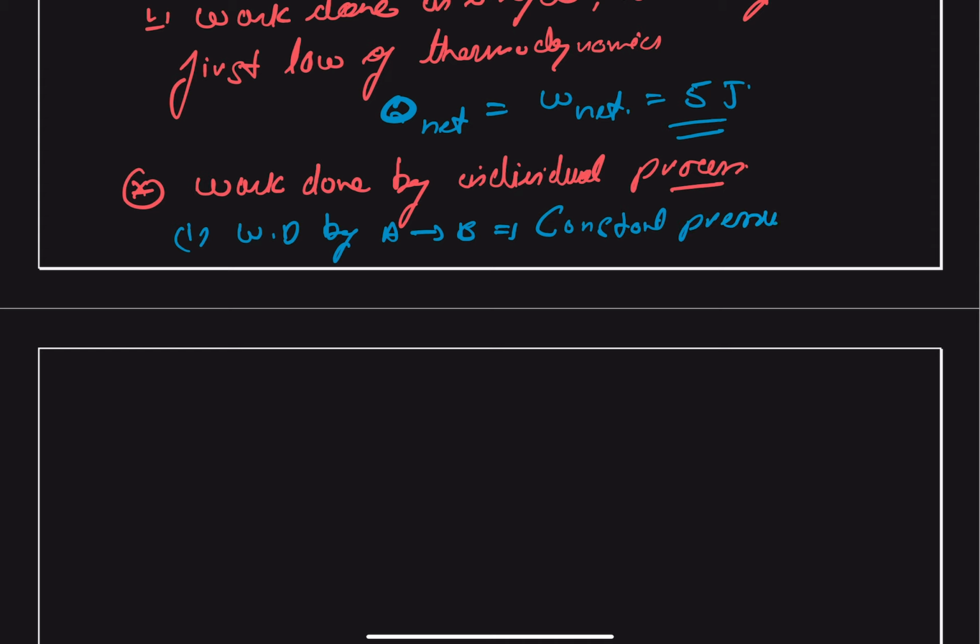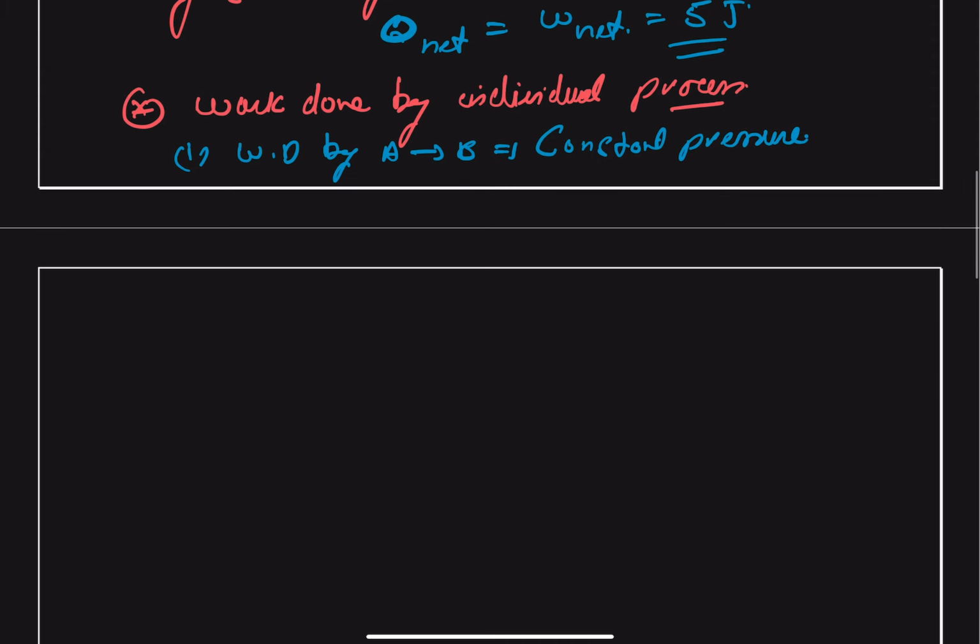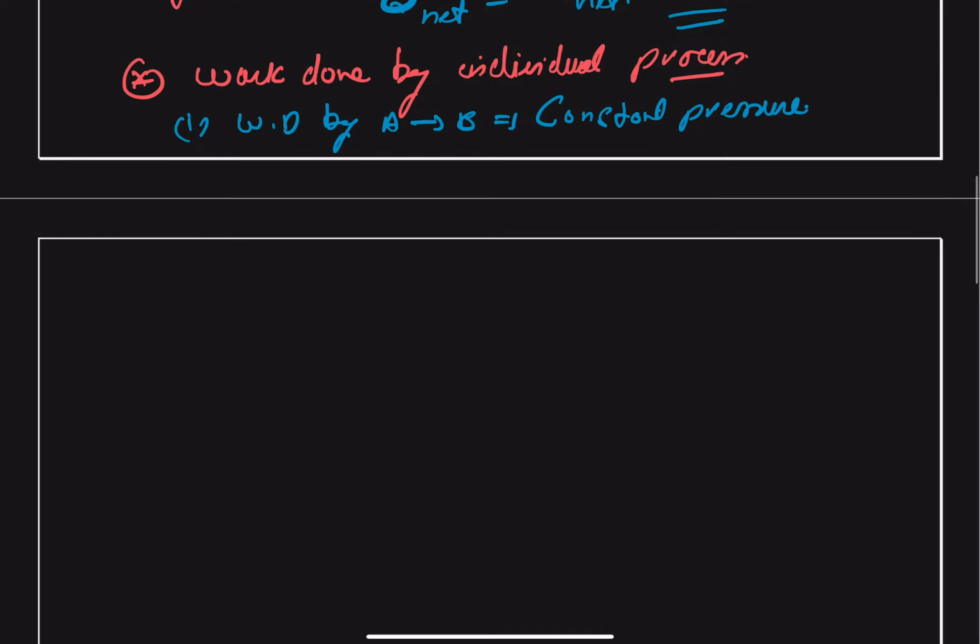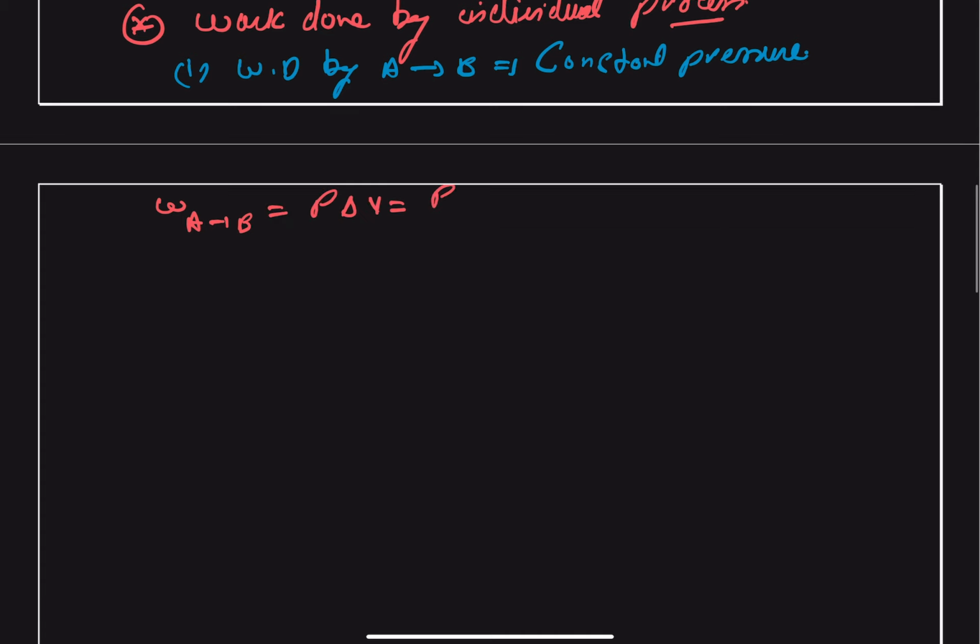Under constant pressure, the work done from A to B will be equal to P into delta V, that is P times volume at B minus volume at A. The pressure is 10, we have 2 minus 1, and this comes to 10 joules.